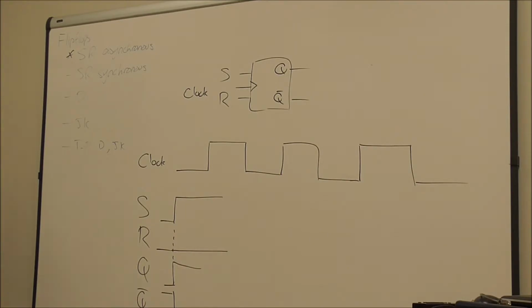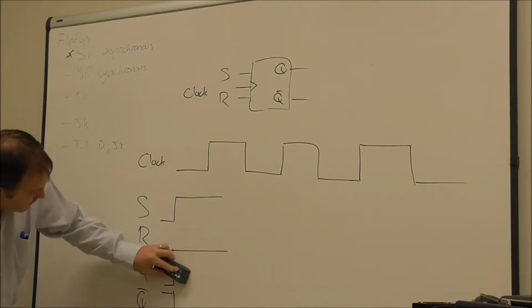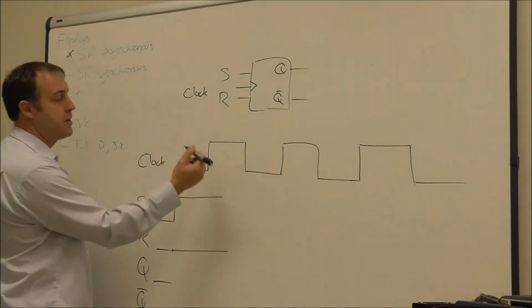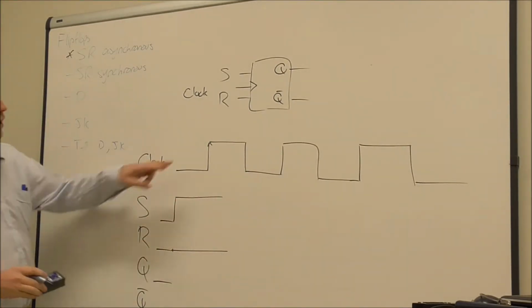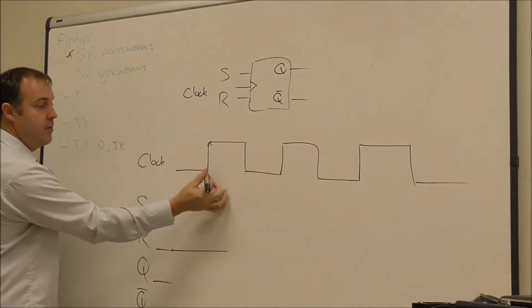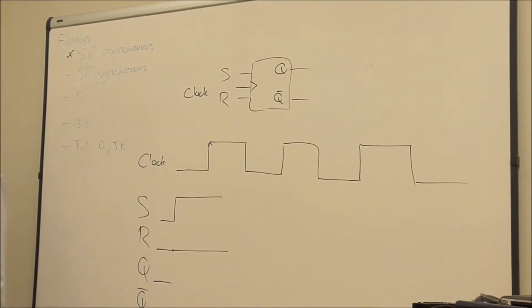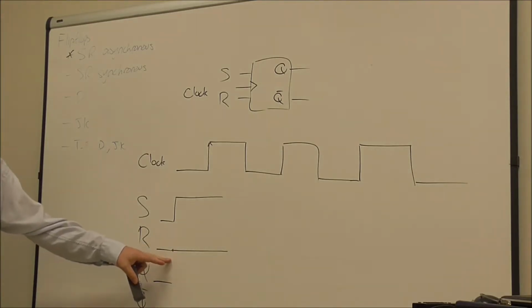However, with a synchronous, we have this clock pin, and it controls what time things happen. Okay, so it doesn't change until it sees, in this case, a rising edge. It sees the clock's input go from low to high, and that's what tells it, oh, now I can change. I can't change before then.